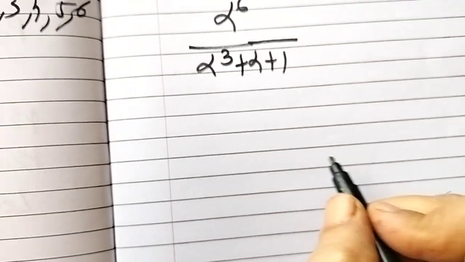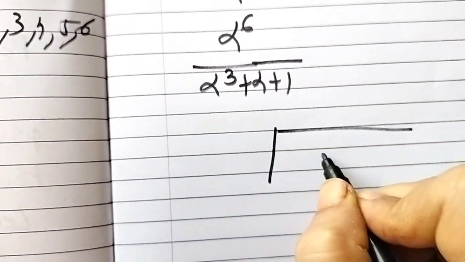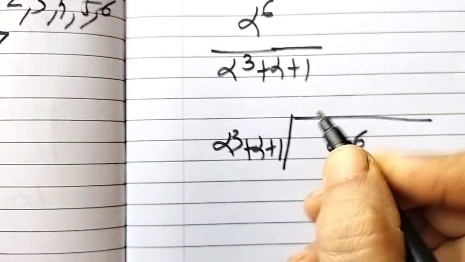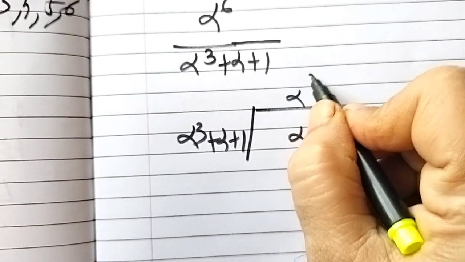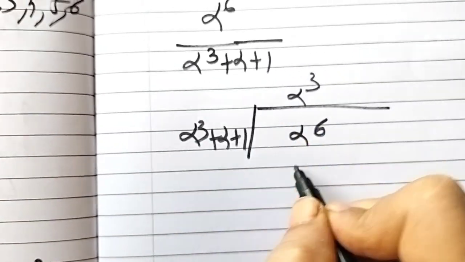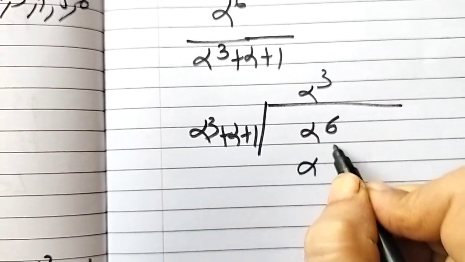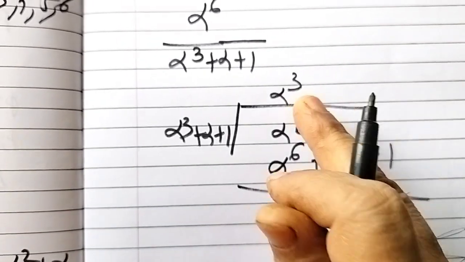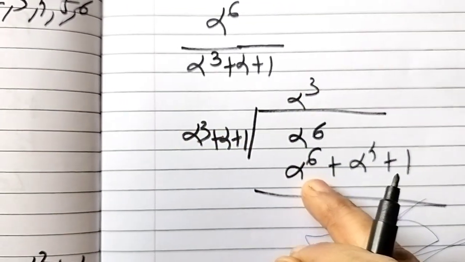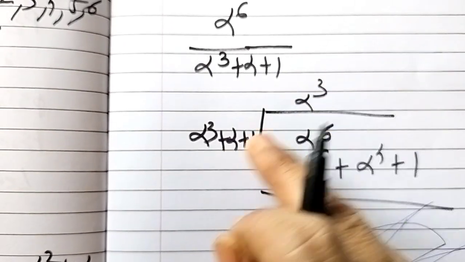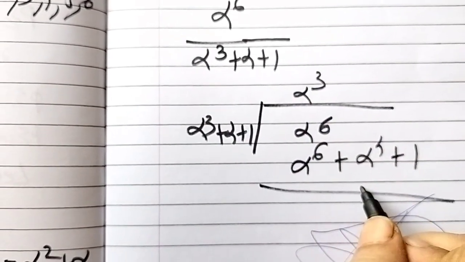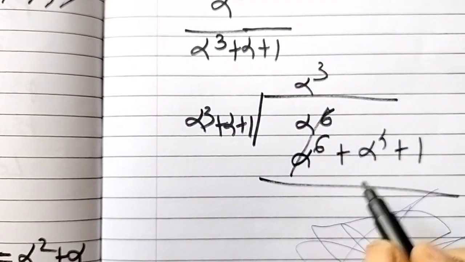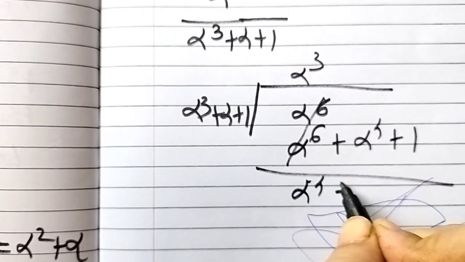So the first quotient term will be alpha cube. Alpha cube times the divisor gives alpha raised to 6 plus alpha raised to 4 plus alpha cube. Minus we are not writing because Galois field 2 is there, so alpha raised to 6 is cancelled. You get here alpha raised to 4 plus alpha cube.